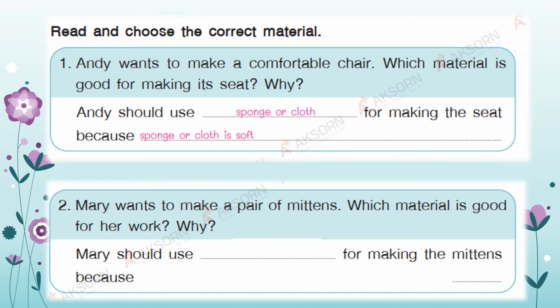Mary should use cloth for making the mittens because cloth does not let heat pass through it and it's lightweight. That's why Mary makes a pair of mittens from cloth. Now let's move on to number 3. Are you finished? Okay, very good.